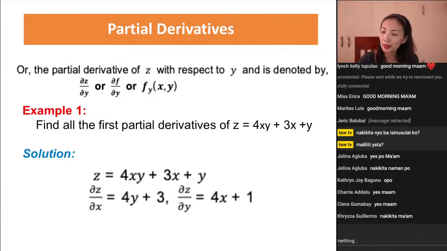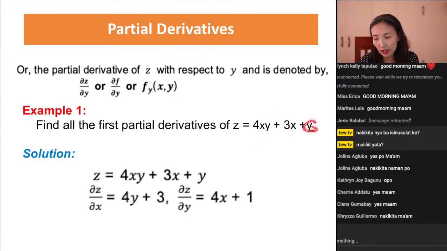So for example, if we have z, which is expressed in terms of the variables x and y, we can take two partial derivatives here. One could be dz over dx or dz over dy. We can differentiate the function with respect to x or with respect to y.